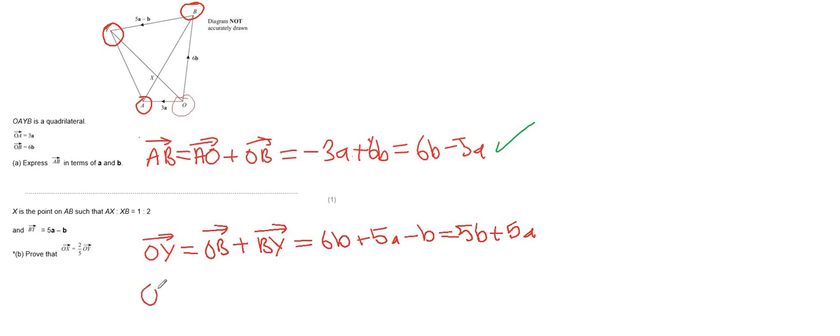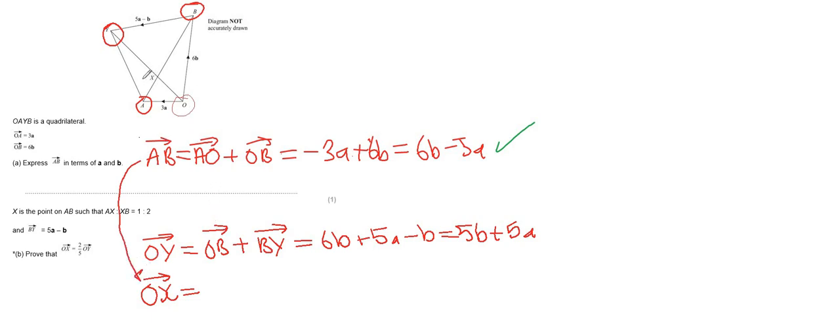So let's find OX. Now to get from O to X, again, I can't go directly because I don't know the vector. But I did work out what A to B was in the first part. So this is where I get to use my part A in this answer.